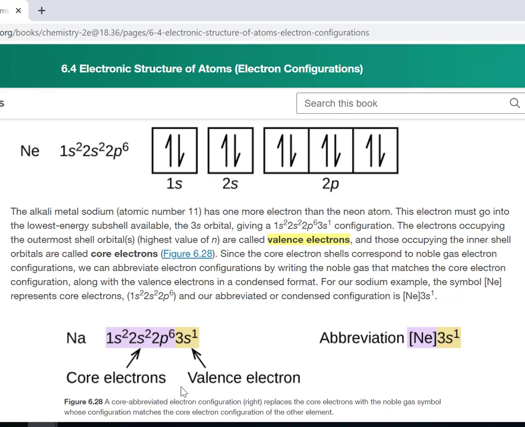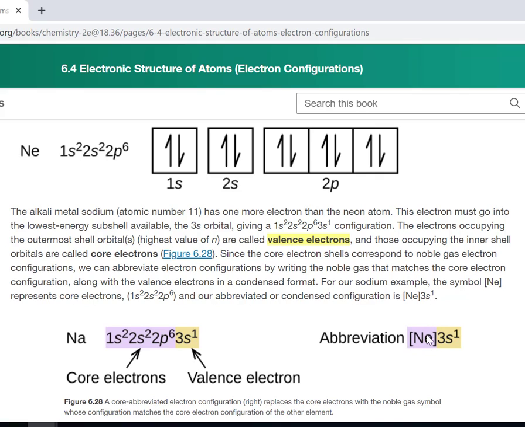So what we often do to abbreviate larger atoms is we take all of the core electrons and we represent those as a noble gas. And it's not just any noble gas, as we'll see. There's a reason why we do that. Here we're showing the abbreviation for sodium.